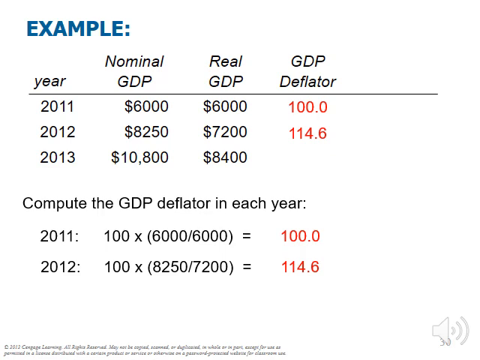Calculating the GDP deflator for 2013, we have nominal over real GDP for 2013. This is 10,800 divided by 8,400, and then multiplied by 100 to create our index number. The price index, according to the GDP deflator for 2013, is 128.6.